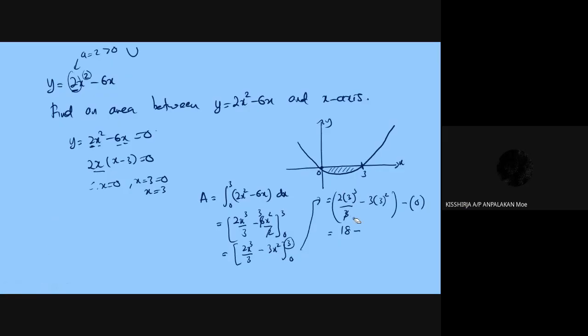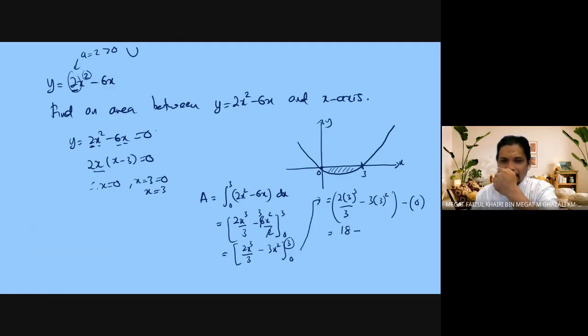No, teacher. Because this is my answer, so 18 minus 27. Yes, because it's below the x-axis. So this graph is considered negative, but not that the area is negative; negative stands for the area below the x-axis. Okay, sorry, sir, thank you.